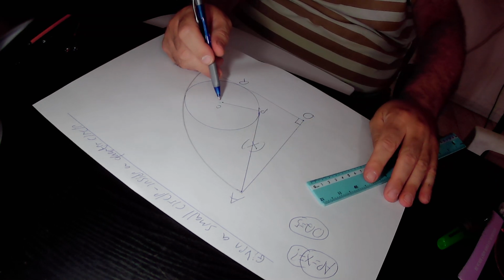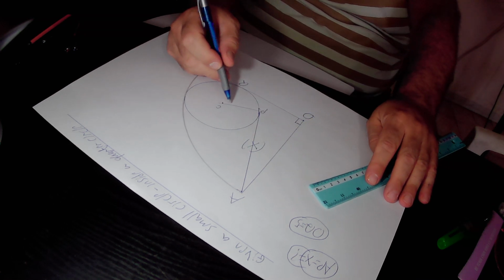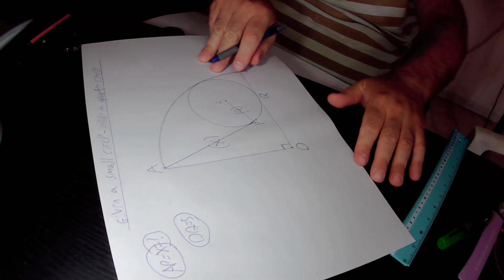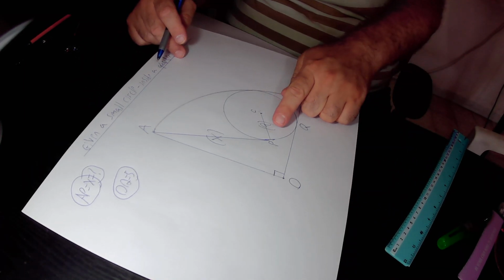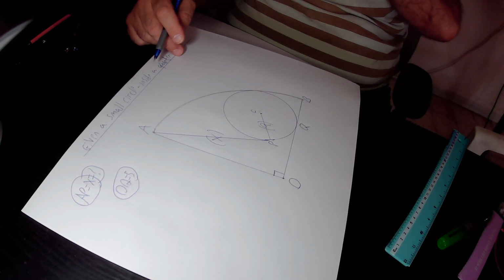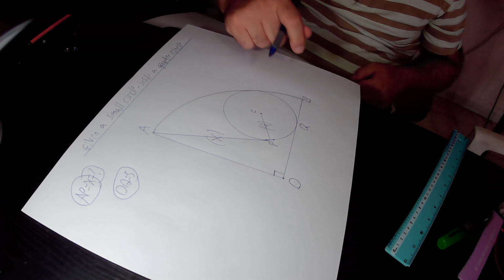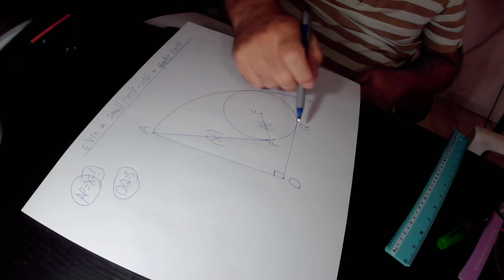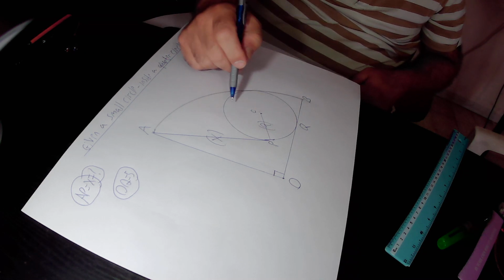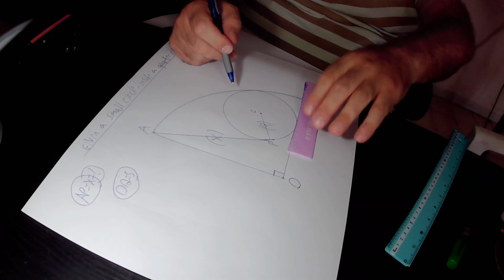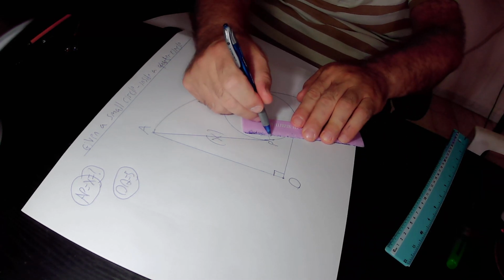CP is of course the radius of this circle, that is a. Here we can implement rule 1, because the radius CP is drawn to point P, the point of tangency of tangent AP with this small circle, and whenever a radius is drawn to the point of tangency, the tangent AP is perpendicular to the radius PC. If AP is perpendicular to PC, this angle equals 90 degrees according to rule 1.